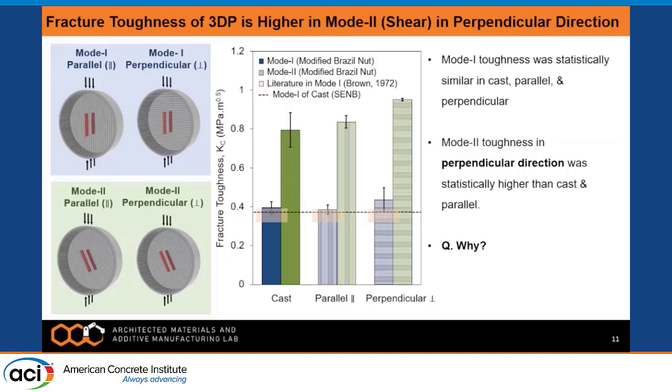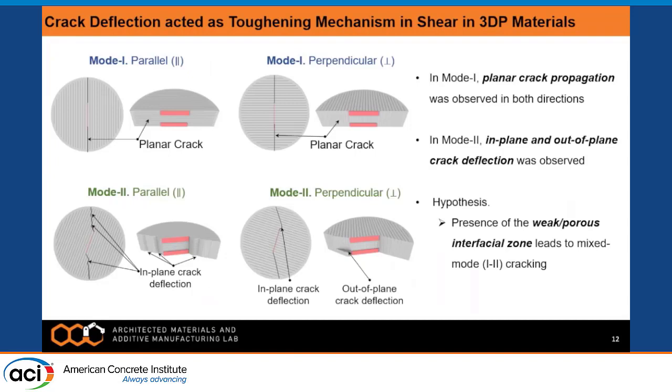We thought about it, and to answer that, we looked at the crack propagation in the sample. In mode 1, perpendicular and parallel, we saw planar crack propagation from the notches. However, when we moved to mode 2, in-plane crack deflection and out-of-plane crack deflection were observed in the parallel and perpendicular directions.